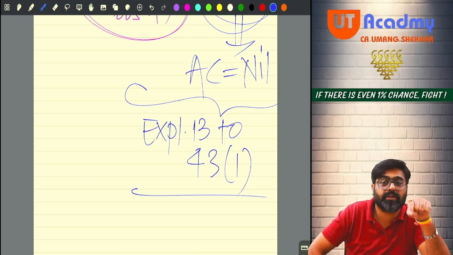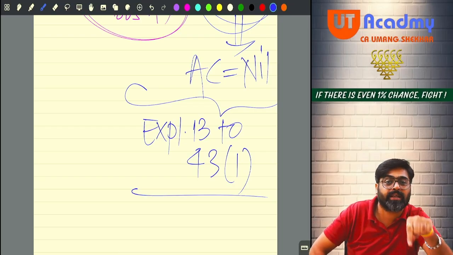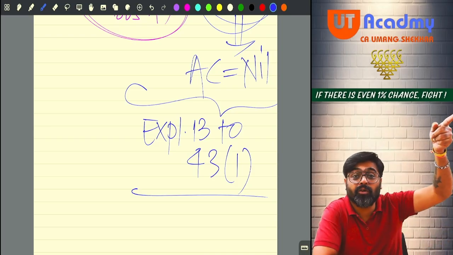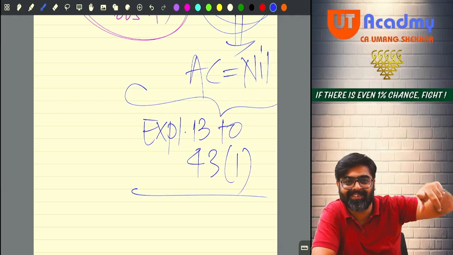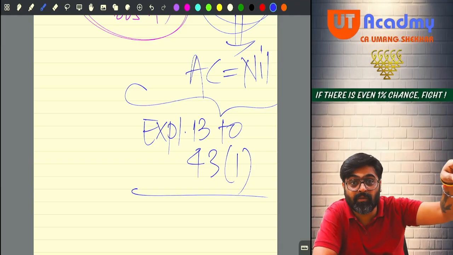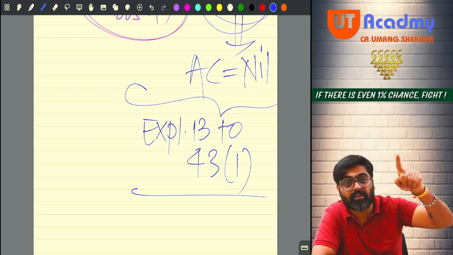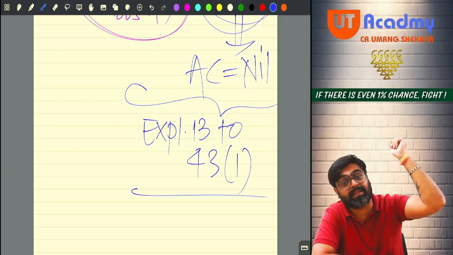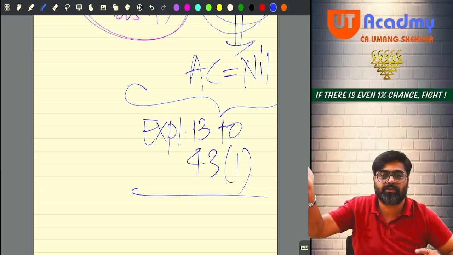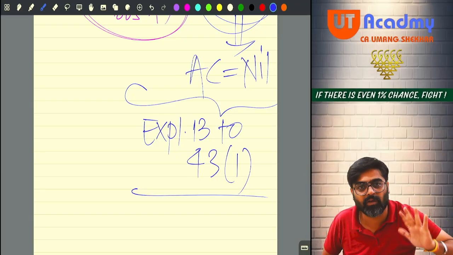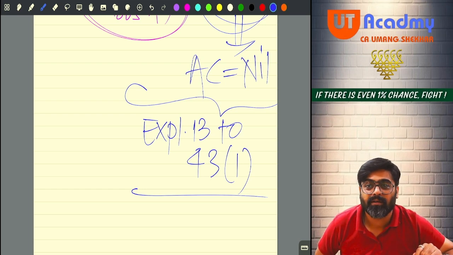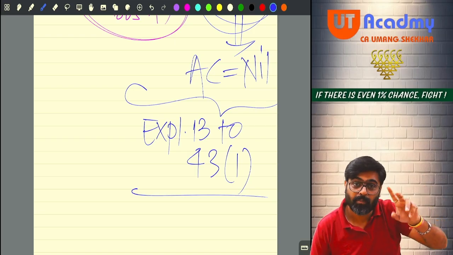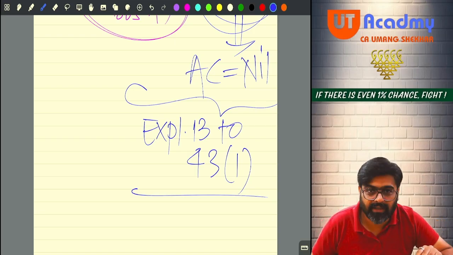But don't take this cost as nil if within 8 years you started using it for other business, because at that time 35AD7B will be applicable. Whatever amount as per 35AD7B you considered as deemed PGBP income, then you take that amount as actual cost. Otherwise, you have to take actual cost as nil only. Got it? Explanation 13 to section 43(1) and proviso to explanation 13.